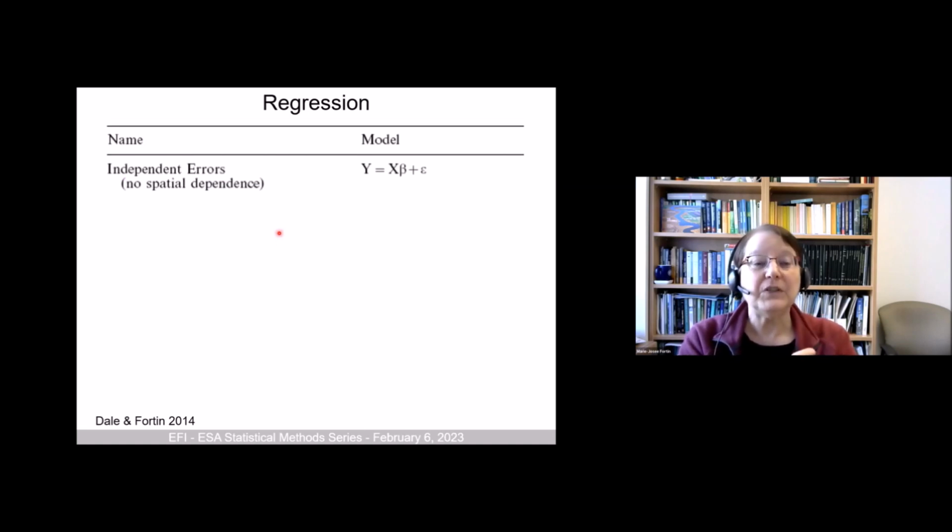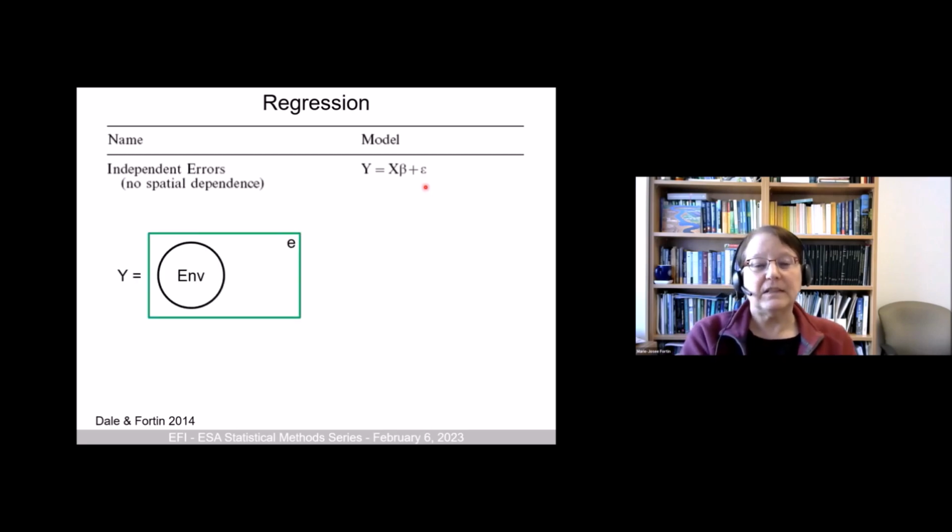So the linear regression here is really a case where you have independent errors. There's no spatial dependency. So you have your environmental variable covariate. You have this correlation, a linear correlation in this case, and some errors that are independent.